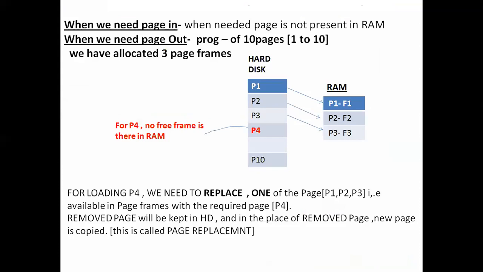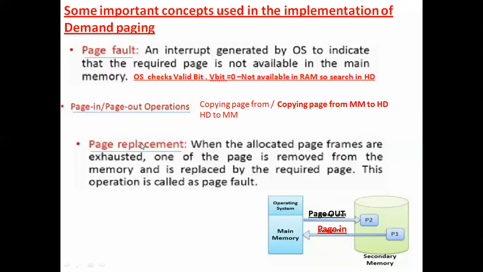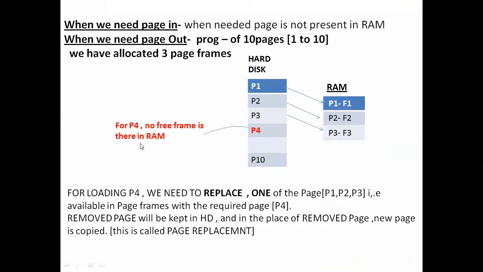So to have a better understanding of page replacement, I have drawn a simple diagram using which we can easily assume what goes on in a page replacement. Suppose we have the hard disk here, and this hard disk has pages: page 1, page 2, page 3, page 4, up to P10.